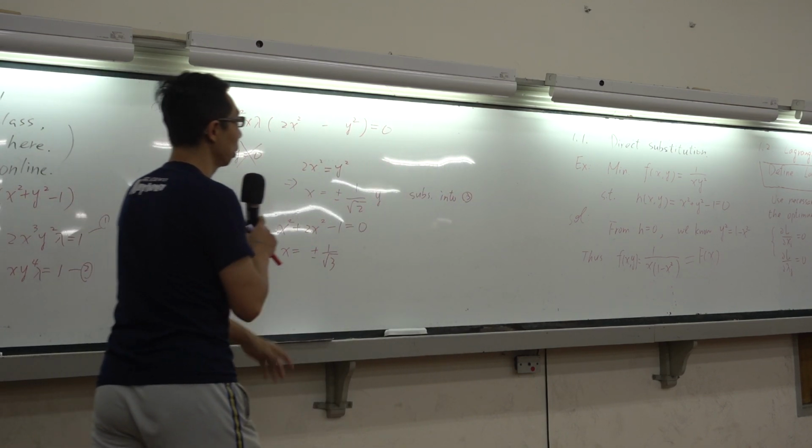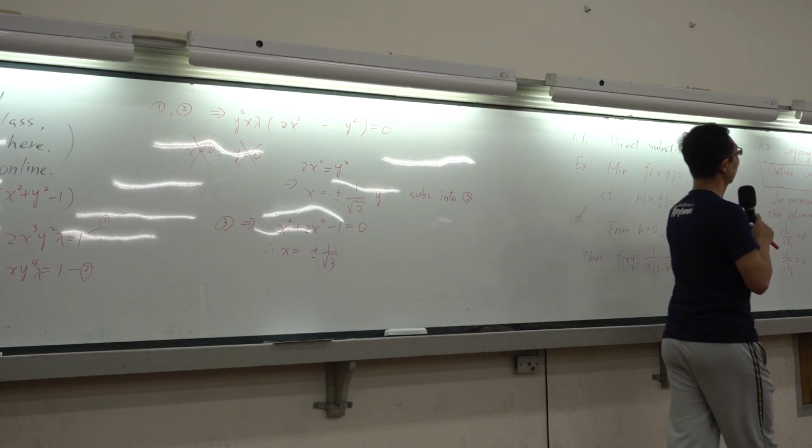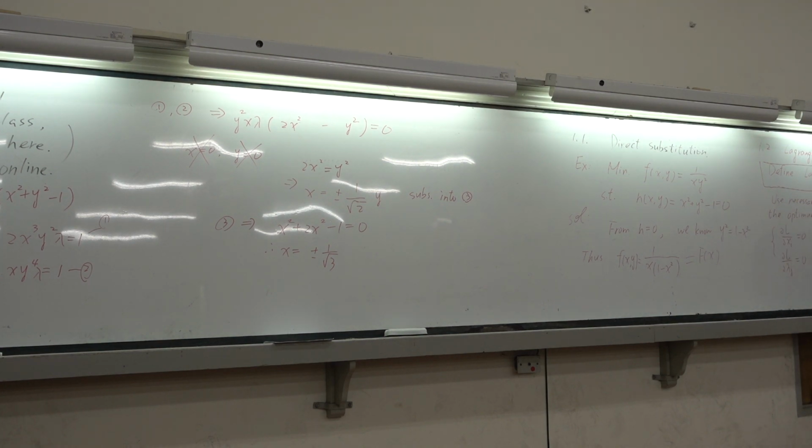And one more time, what do we do? We just define the so-called Lagrange function. The Lagrange function is the original objective function plus the summation of lambda j hj, depending on the number of equality constraints you have. So you just sum all of them together, lambda 1 h1 plus lambda 2 h2. After having this Lagrange function, you just treat this new function as your new objective function.